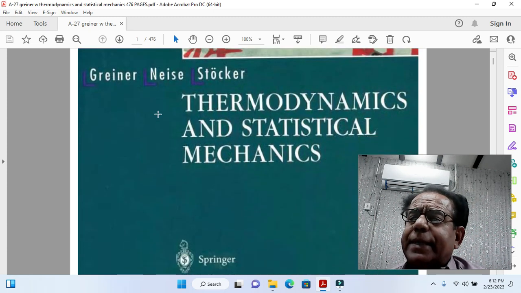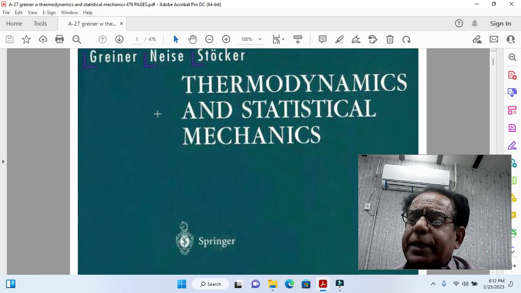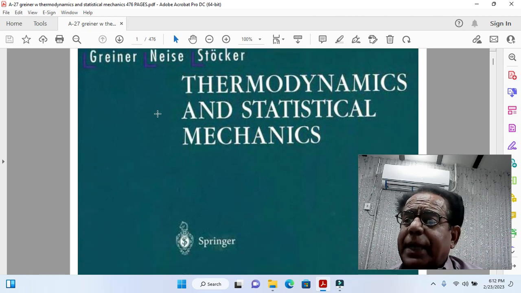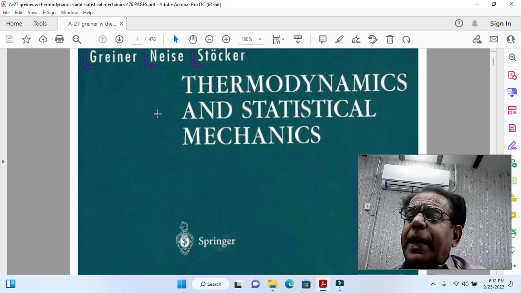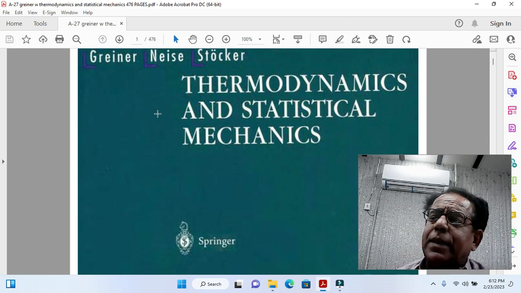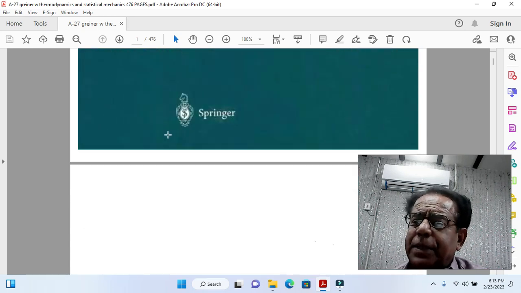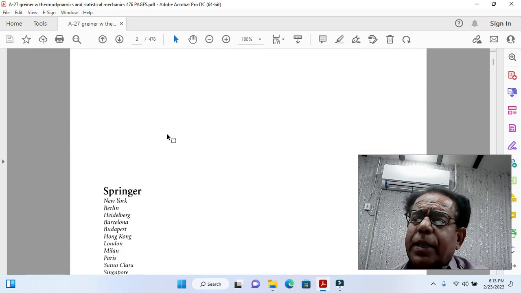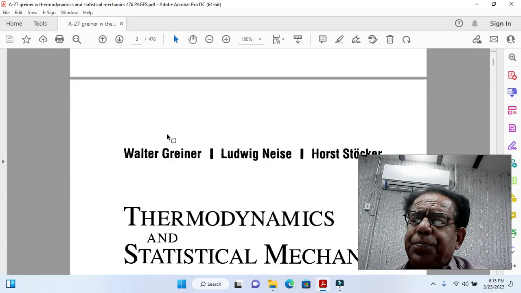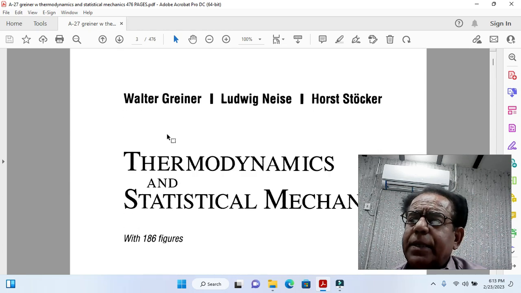Thermodynamics and statistical mechanics are, in other words, thermal and statistical physics, or thermal physics and statistical physics. The publisher is Springer. Walter Greiner, Ludwig Neise, Horst Stöcker.